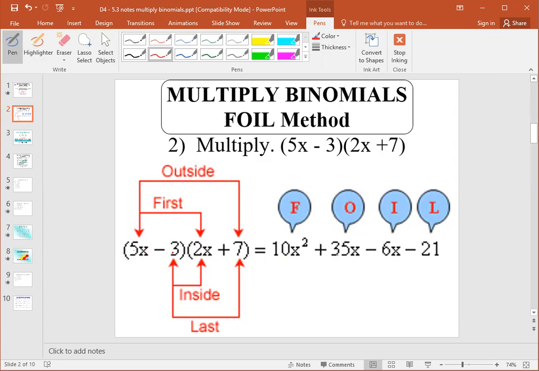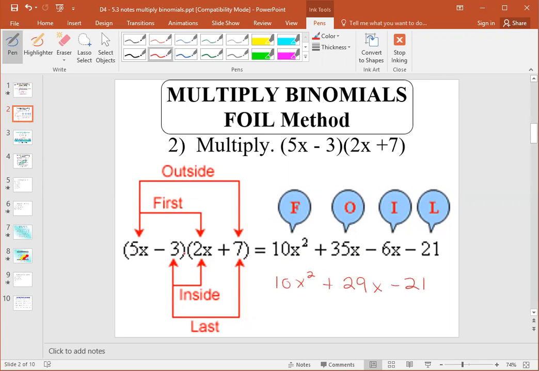Then we do the inside terms. Negative 3 times 2x is negative 6x. And then last but not least, the last terms. Negative 3 times 7 is negative 21. And then at this stage, we are just combining everything together. 35x minus 6x gives me 29x minus 21.